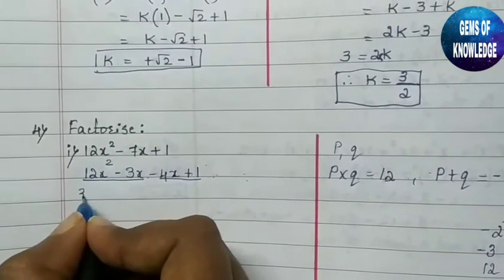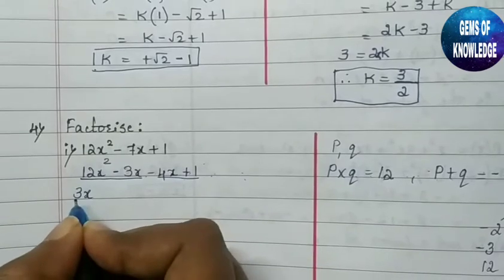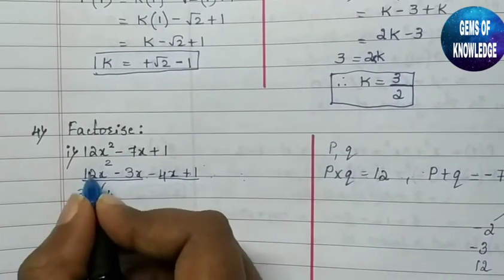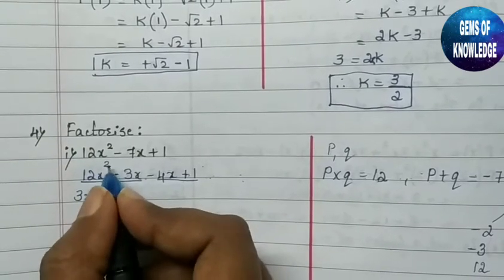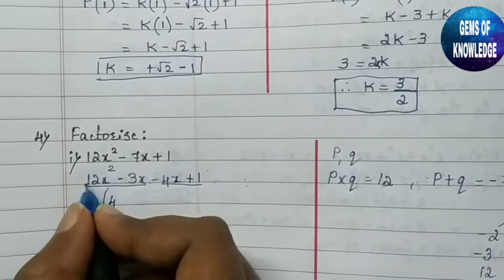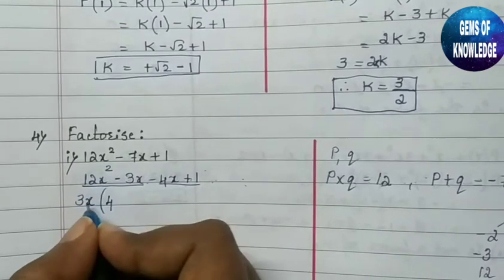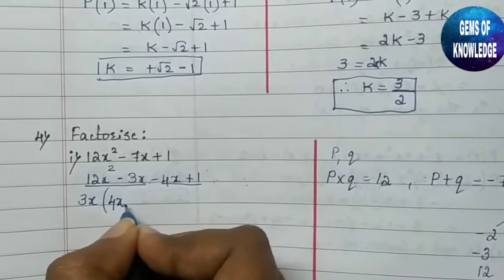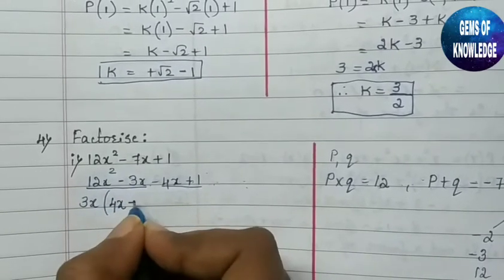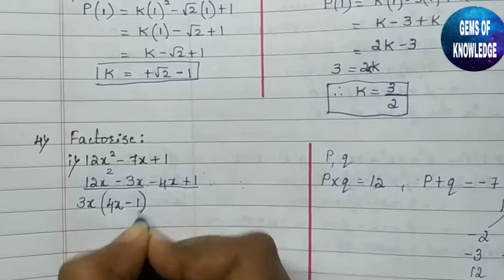Here we can take common 4x. If you take out 4x from this part, 3x is left, because 4 3s are 12, and 1x you have taken out, so one more x remains. Minus, here the complete 3x has been taken out, so we are left with only 1.